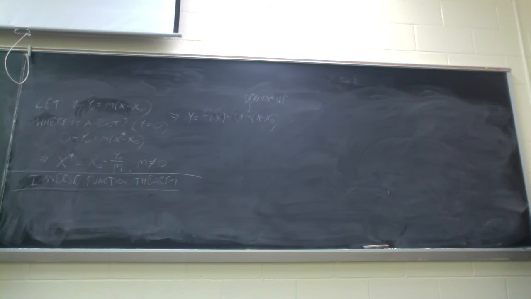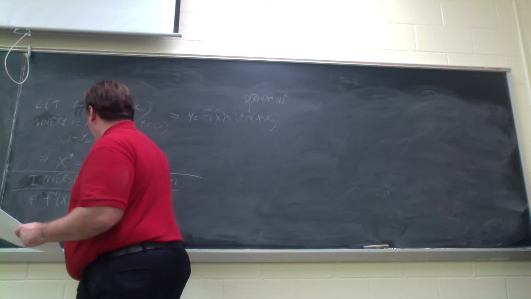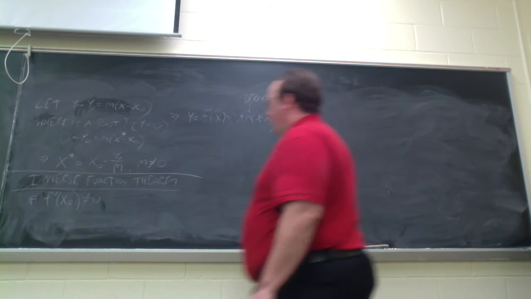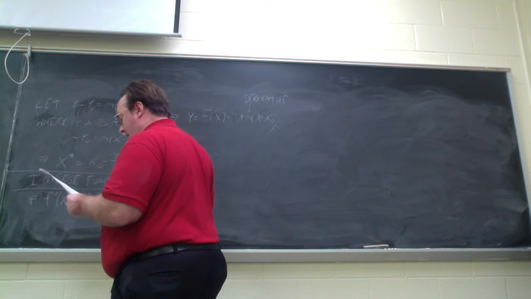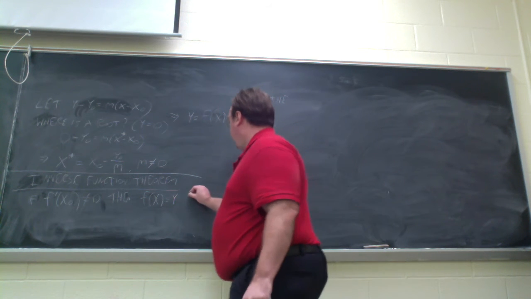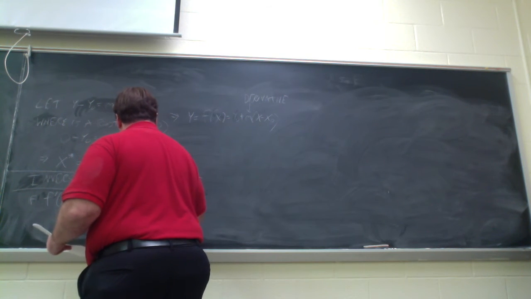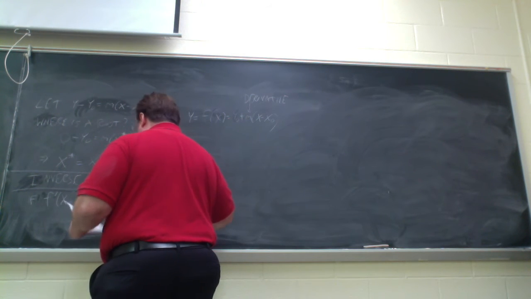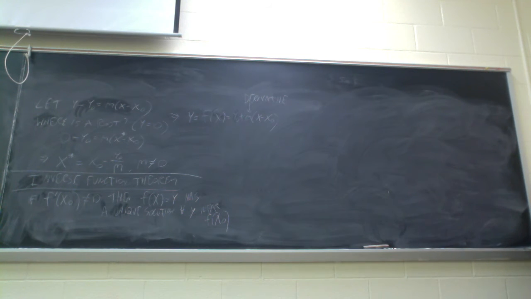So the inverse function theorem says that, I'll first state it in one dimension, that's mainly what we're interested in, that if the derivative of f exists at a certain point x naught and it is non-zero, then we can say that the equation f(x) equals y has a solution, and actually has a unique solution, for any y near f(x naught).